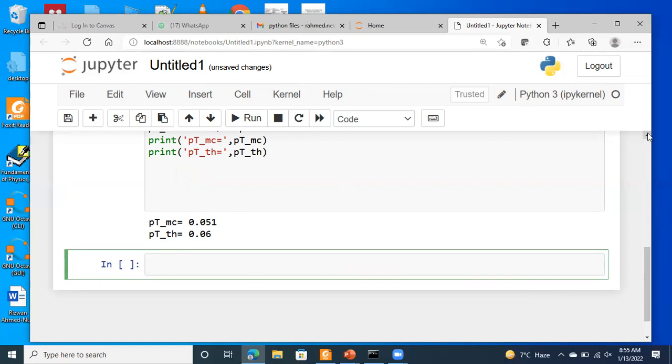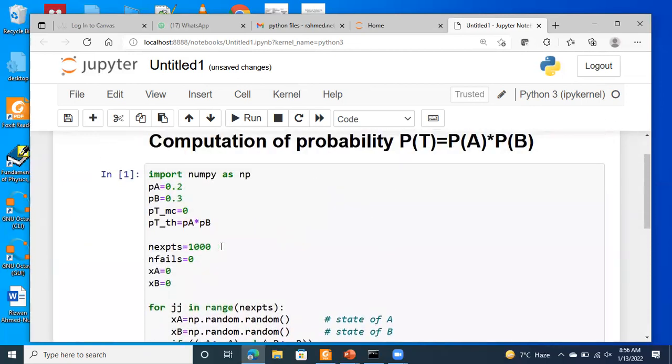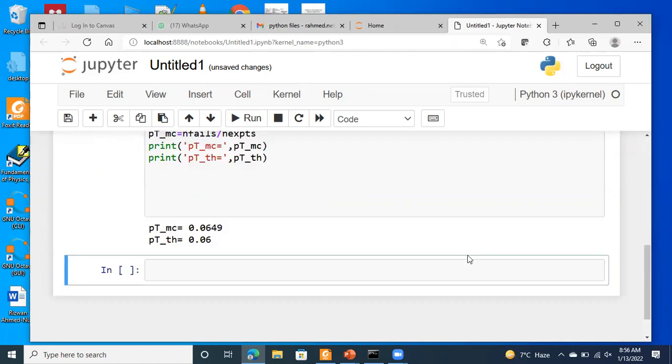However, to get even better results, let's add one more digit to be accurate up to 2 decimal places, right? The power of Monte Carlo, right? So AND gate probability.